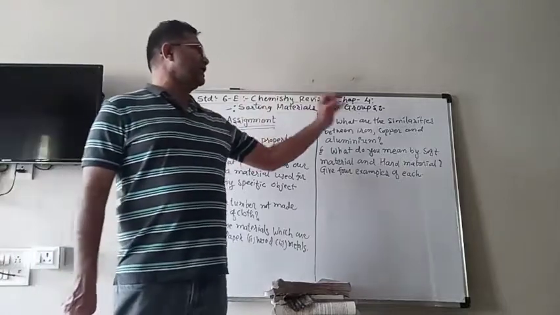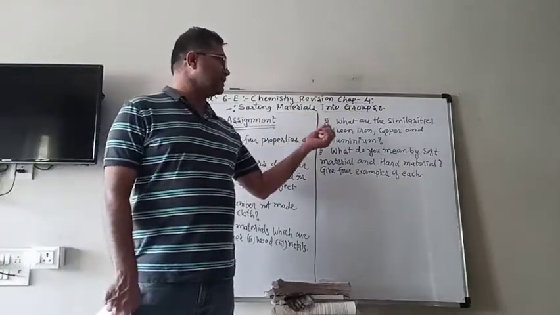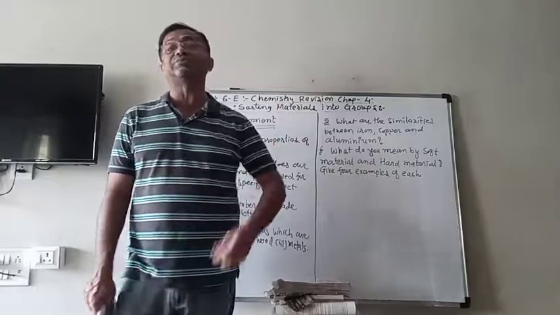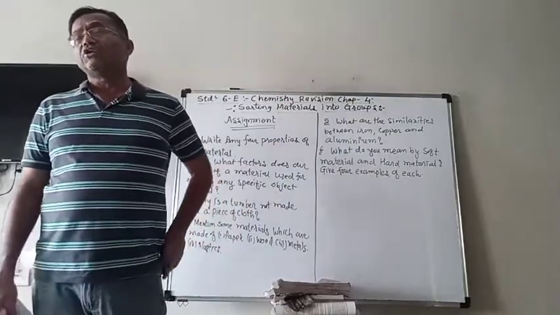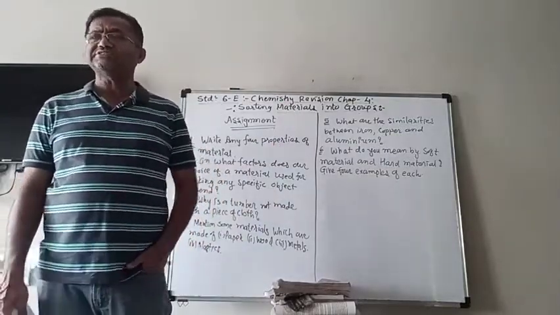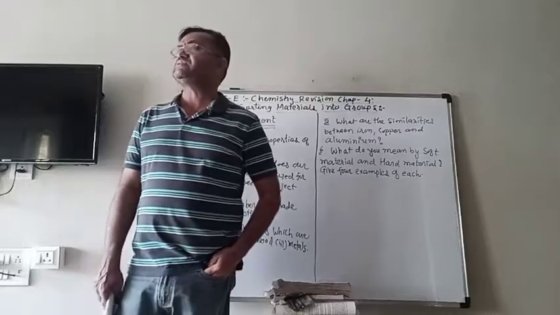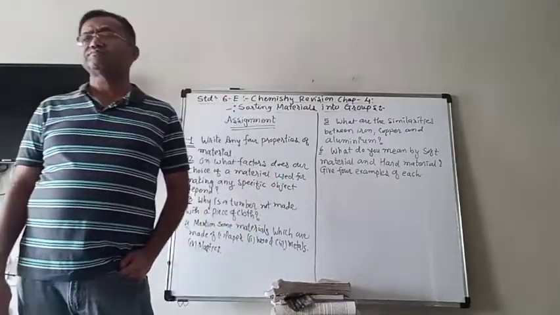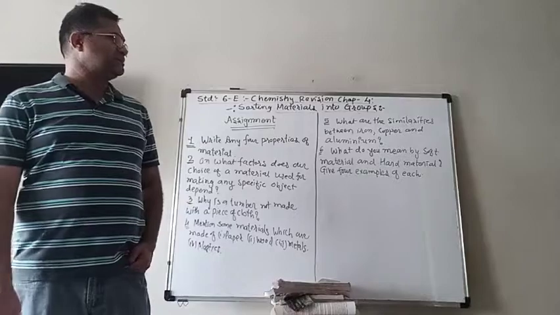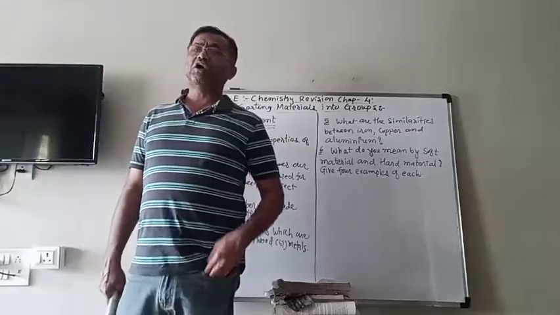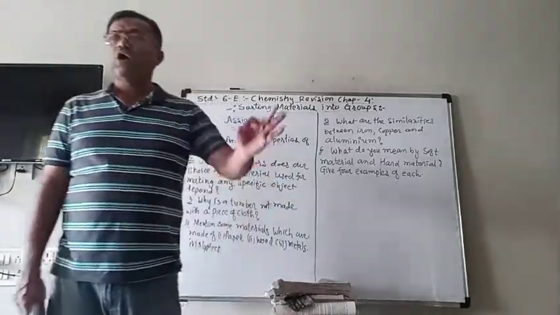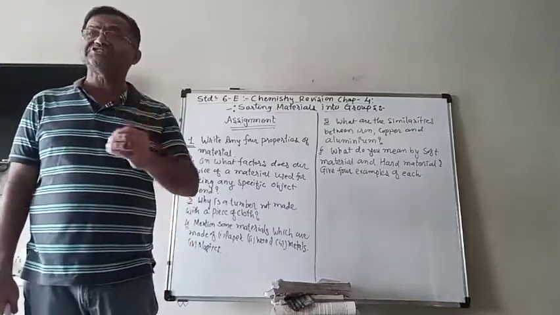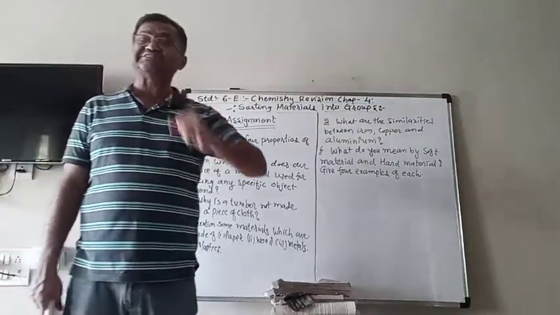What are the similarities between iron, copper and aluminium? You can see that all these three materials are metals. So what is the similarity between them? All of them are hard. All of them have luster, meaning their surface is shiny.